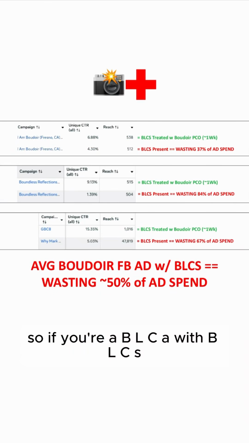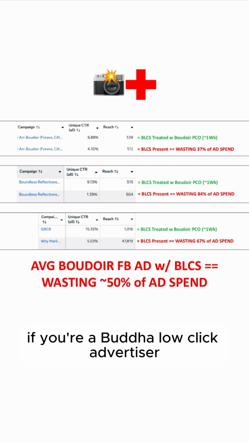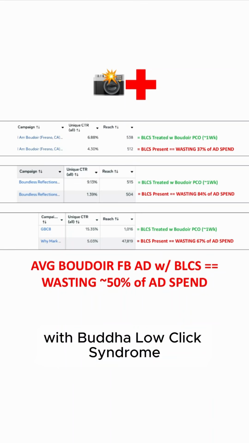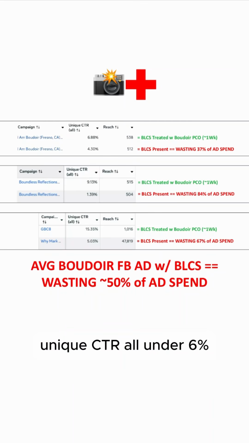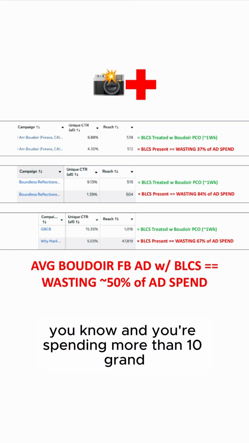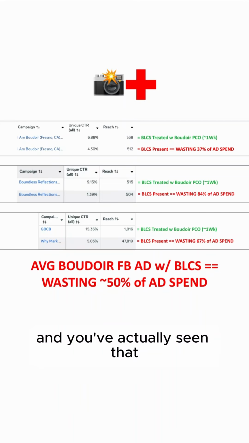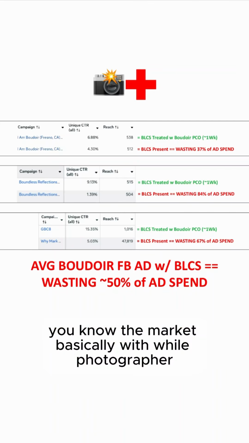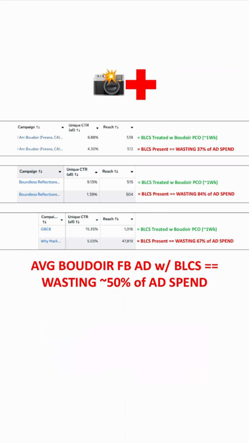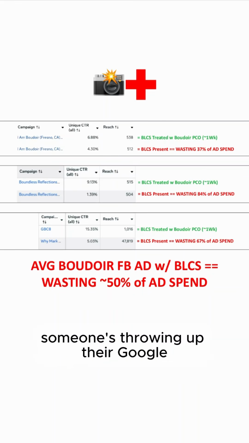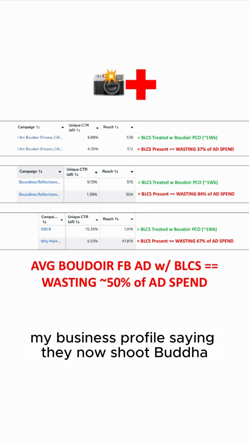So if you're a BLCA with BLCS, if you're a Boudoir low click advertiser with Boudoir low click syndrome, with unique CTR under 6%, and you're spending more than 10 grand a month on Boudoir Facebook ads, and you've seen the Boudoir photographer market get more and more saturated day by day. It seems like every time someone gets a new iPhone, someone's throwing up their Google My Business profile saying they now shoot boudoir, or they get a new camera.